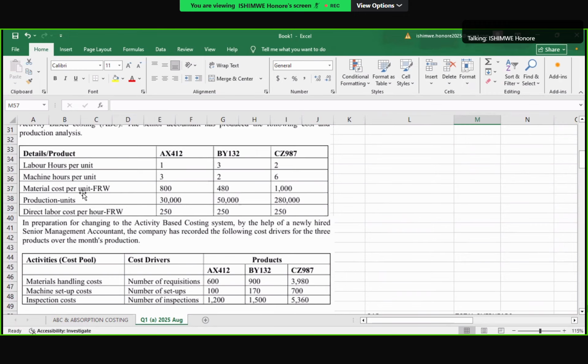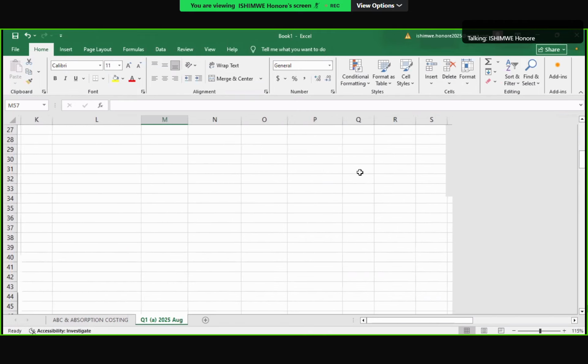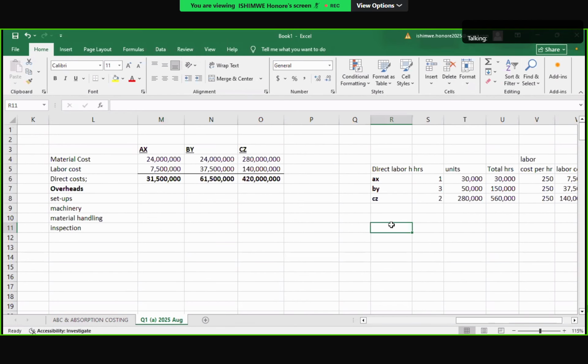We have machine hours per unit, it is 3, 2 and 6, and you have units. This machine hour per unit means one unit takes 3 hours of machine time to produce. Is that clear? It is 3, 2 and 6. Let us do it here, we want total machine hours. Total machine hours.